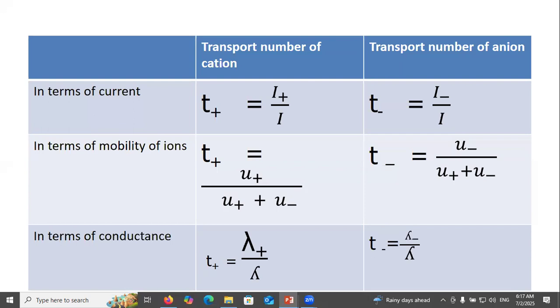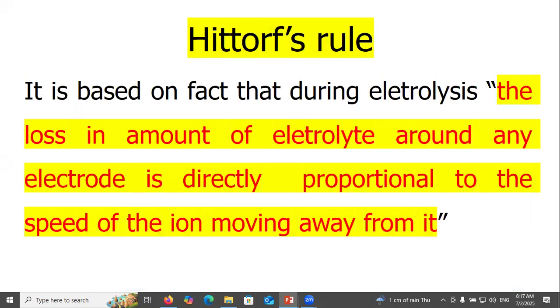In terms of conductance, T+ equals λ+ over λ, T- equals λ- over λ. So we can calculate the transport number of cation and anion in terms of current, mobility, and conductance.